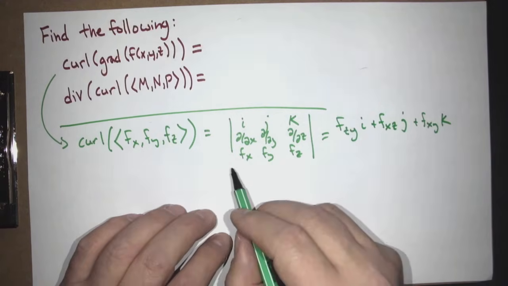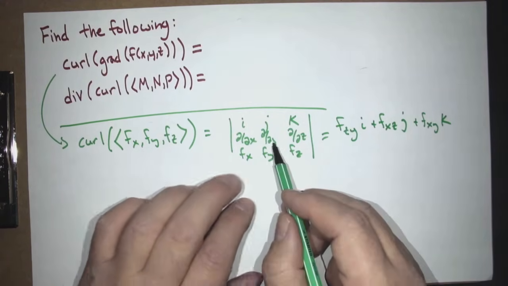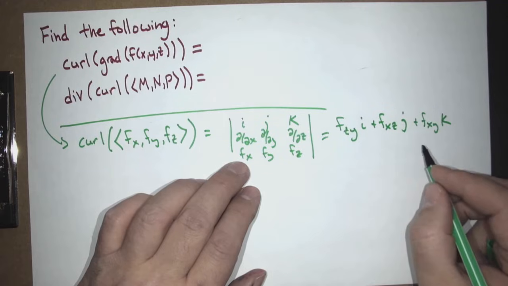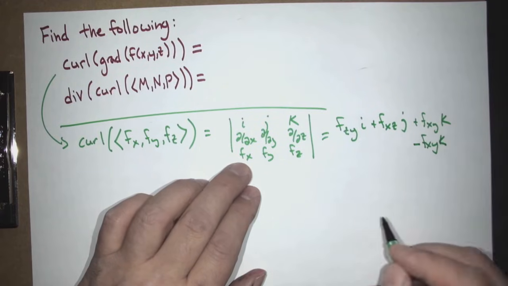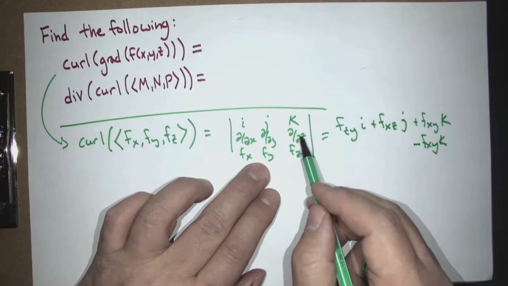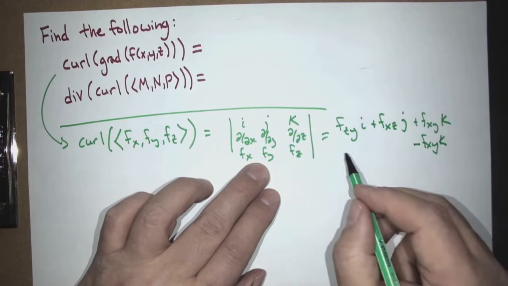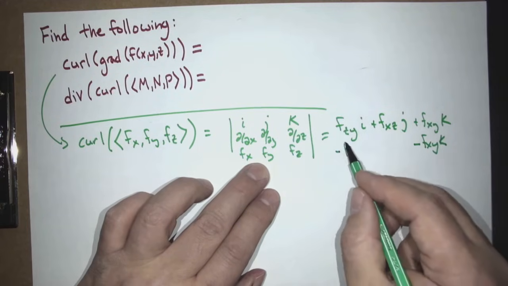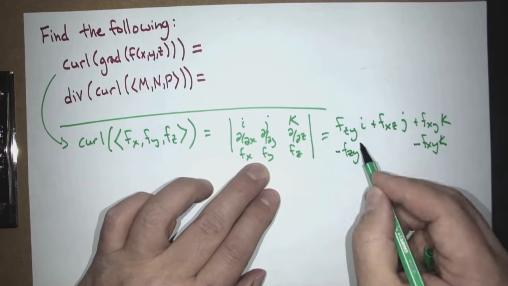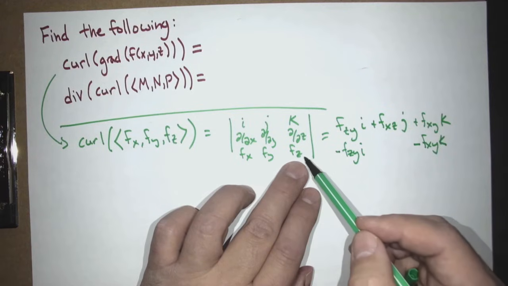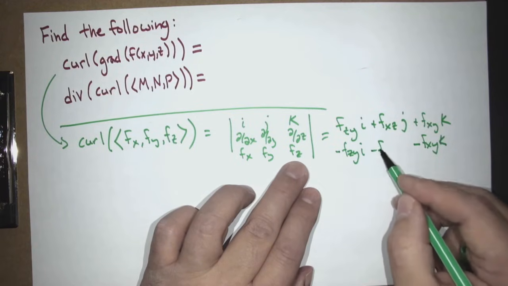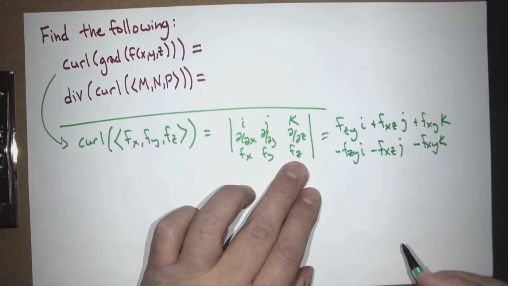But now we get to subtract. We have partial y of f x minus f x y in the k direction. Partial z of f y minus f z y in the i direction. And then partial x of f z, that's minus f x z in the j direction.